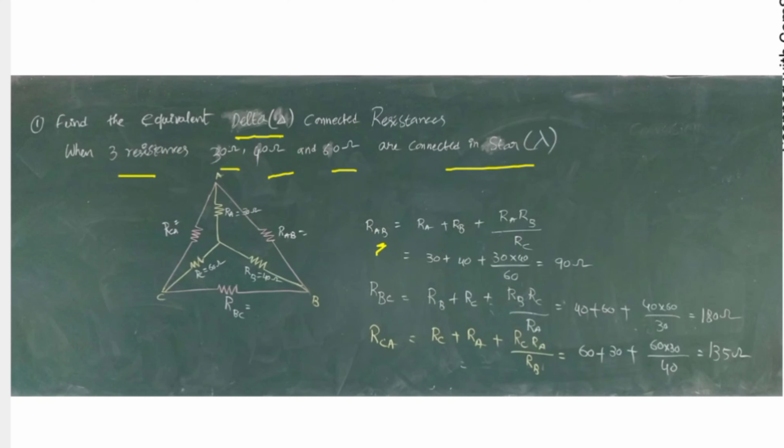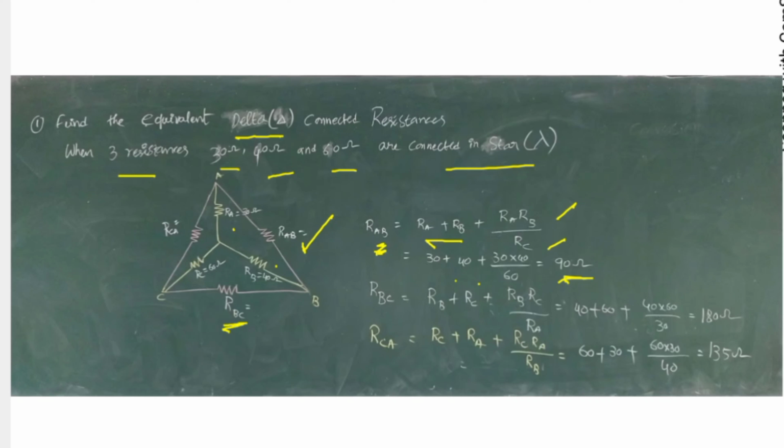RAB equals the sum of the two star resistances RA plus RB plus their product divided by the opposite or third resistance. That equals 30 plus 40 plus 30 into 40 by 60, equals 90 ohm.